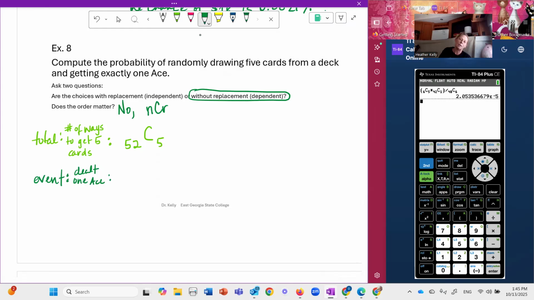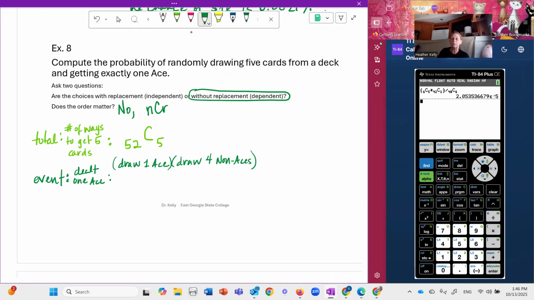Breaking it down like I did before, it's the probability that we draw 1 ace and that we draw 4 non-aces, because that's really what's happening here. We're going to draw aces and then we're going to draw non-aces.